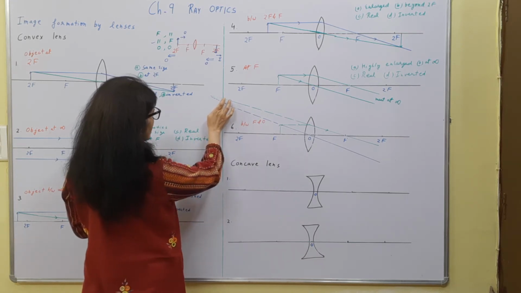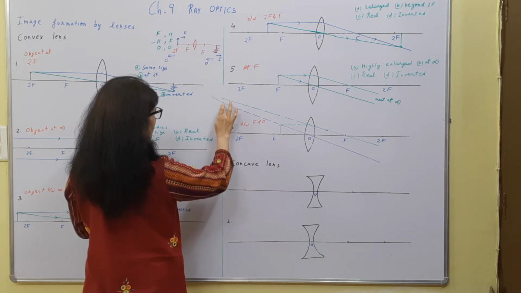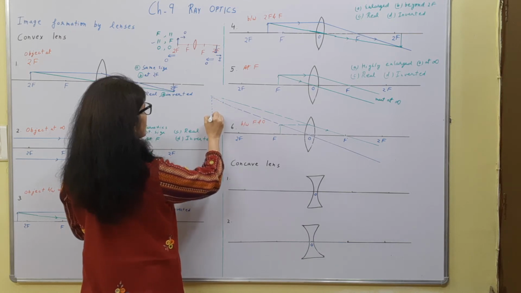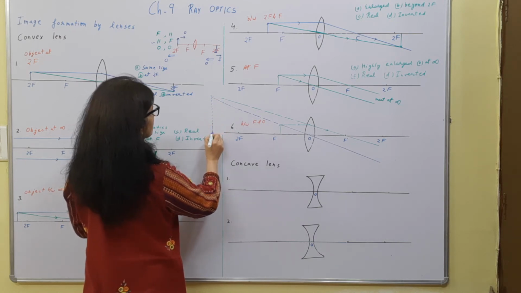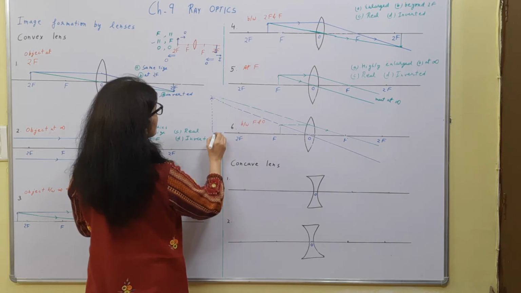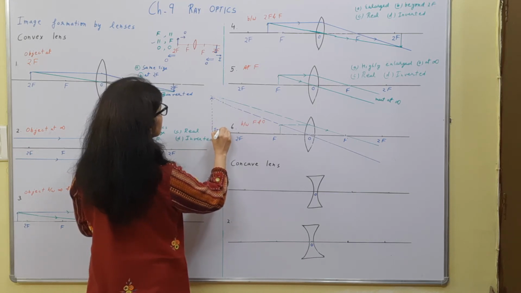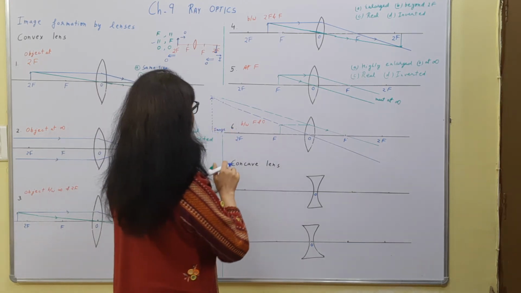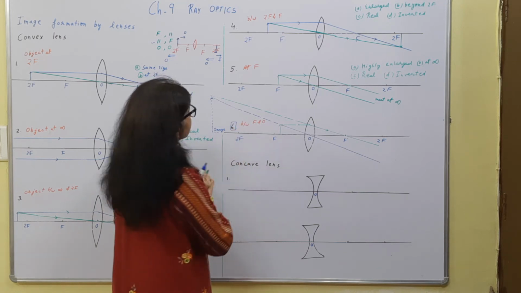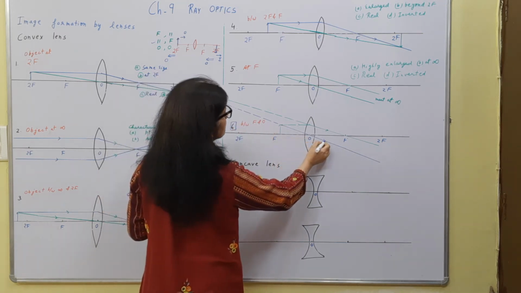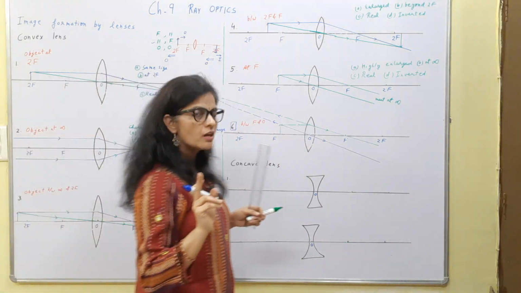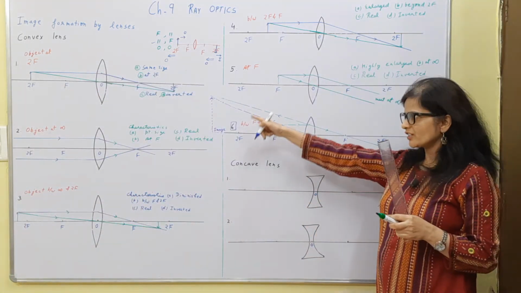It has crossed our partition. So this is our image. Right? So this sixth case is here. It appears to meet here. That means the image is virtual, and virtual is erect. You can see here.